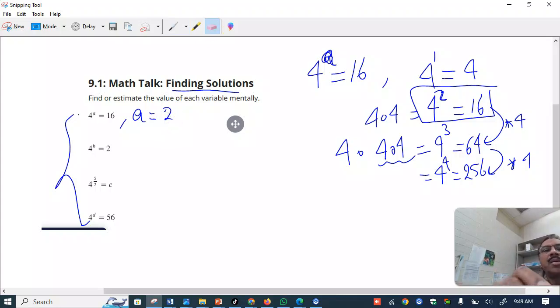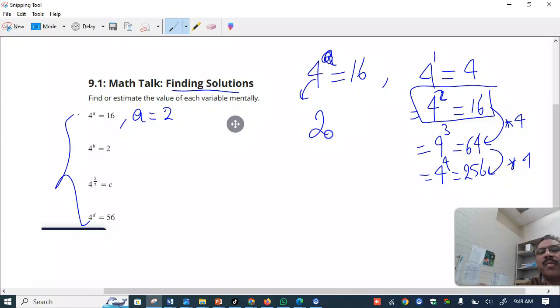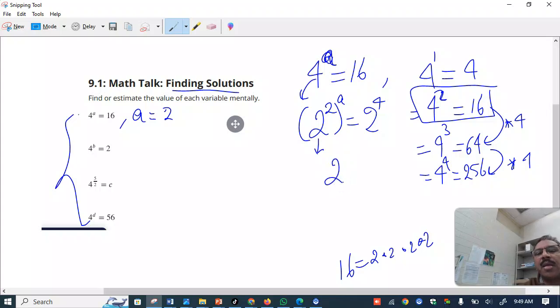You could also do the same thing by replacing. We know 4 is 2 squared. So 4 is 2 squared, raised to a, and 16 is 2 raised to 4, because 2 times 2 times 2 times 2 gives 16. Now you can use the property of exponents: multiplying the exponents, you get 2a, and you get 2 raised to 4.